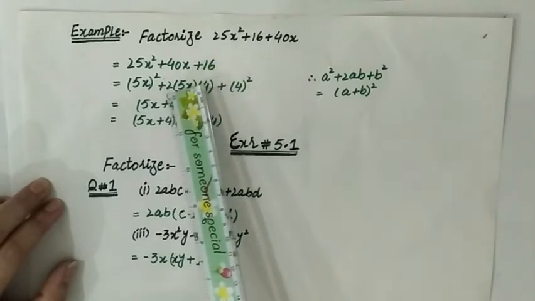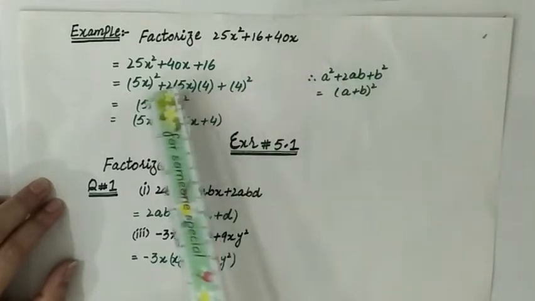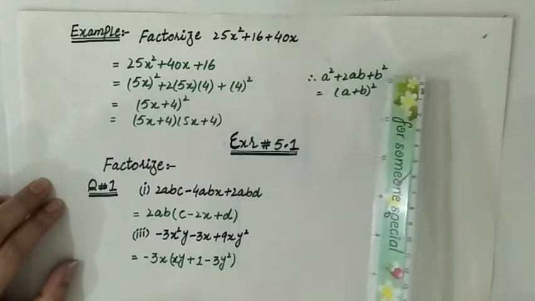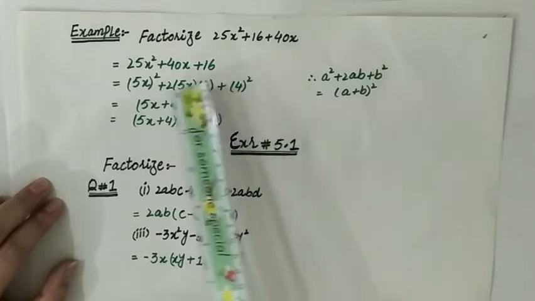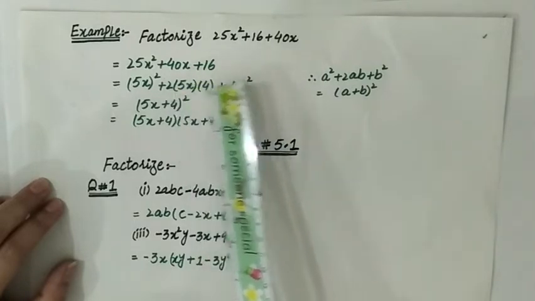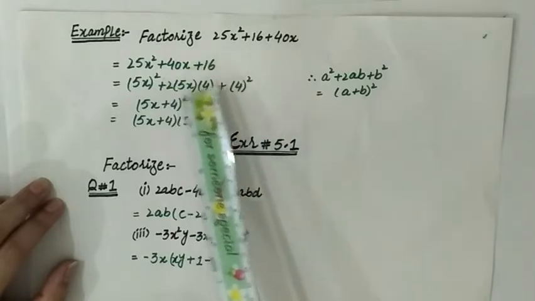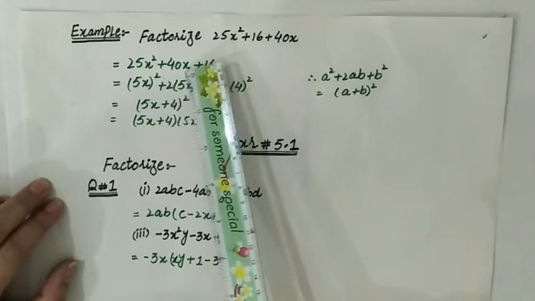Now a is 5x according to this formula and b is 4. 2ab: 2 times 5 is 10, 10 fours are 40, into x. After multiplying it will be equal to 40x.